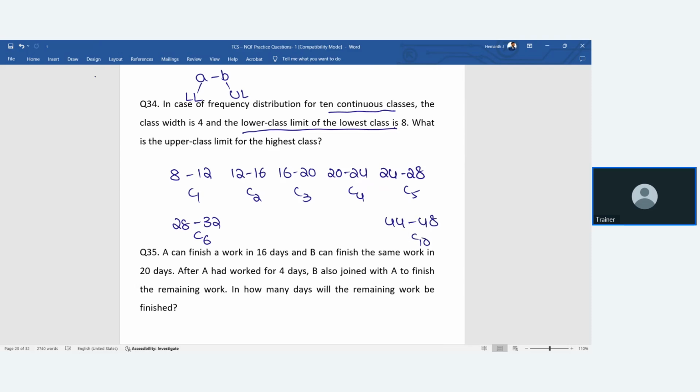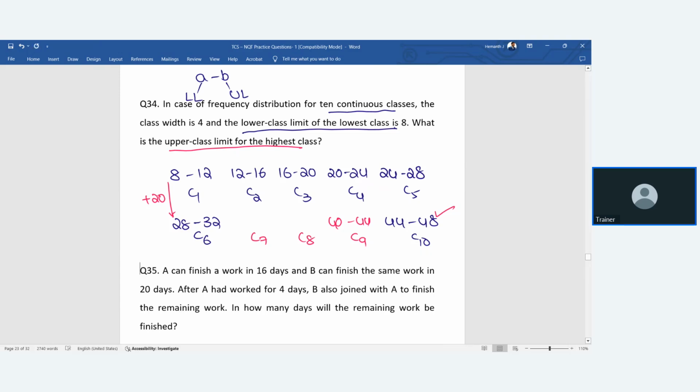Now the question is the upper class limit of the highest class. The upper class limit of the highest class is this, 48 is the answer. This is 40 and 44 plus 20. Add plus 20 here, we are getting the next five, C7, C8, C9 all. Do smart work, don't write the entire thing again.